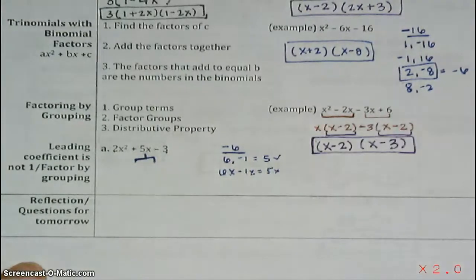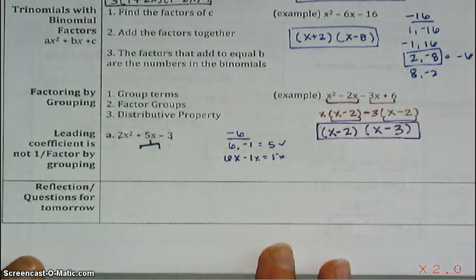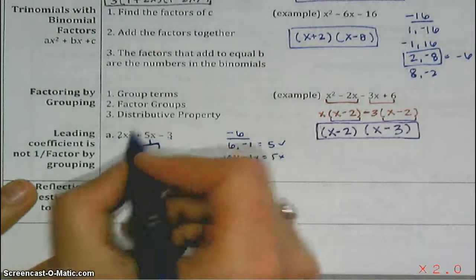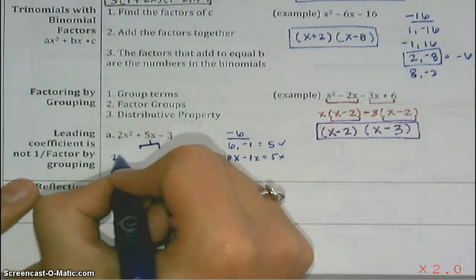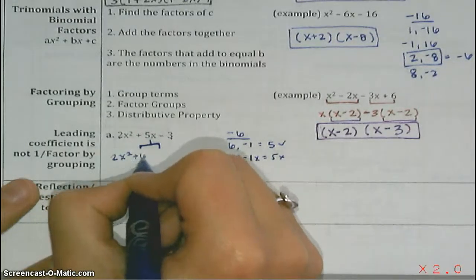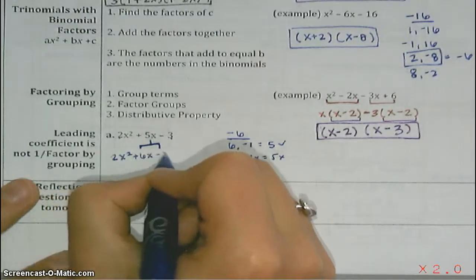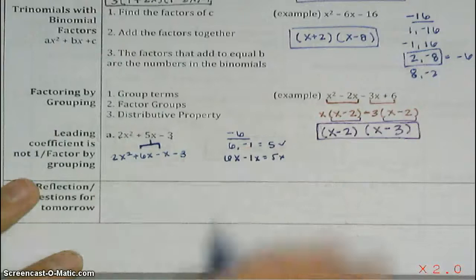And you can see it stays equal. It doesn't matter which one you put where. I'm going to put the 6 with the 2 just so it's a bigger number. So we're going to have 2x squared plus 6x minus x minus 3.